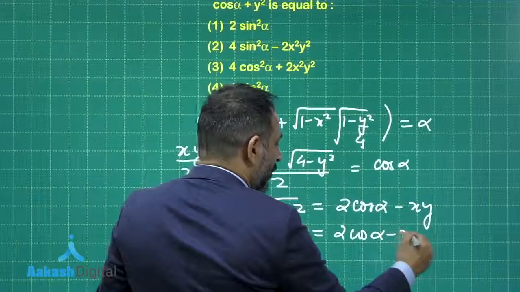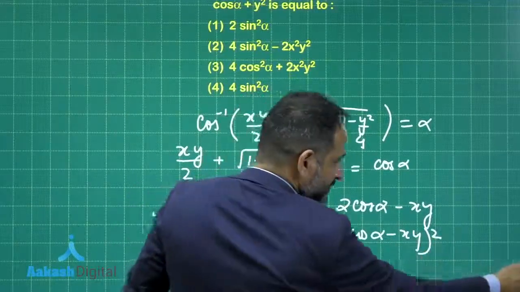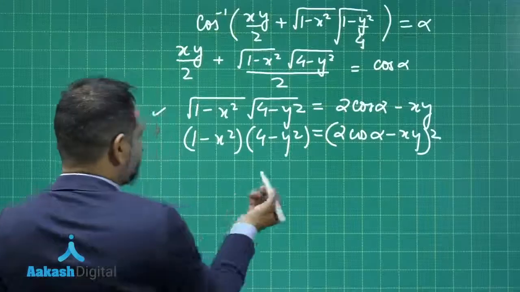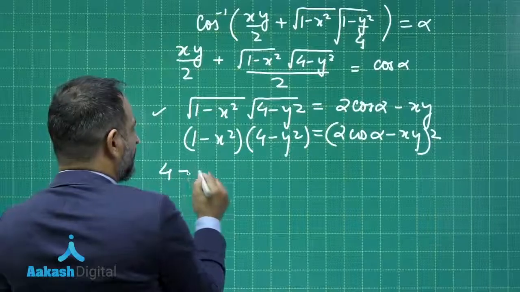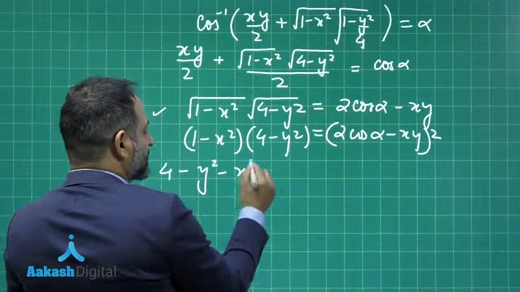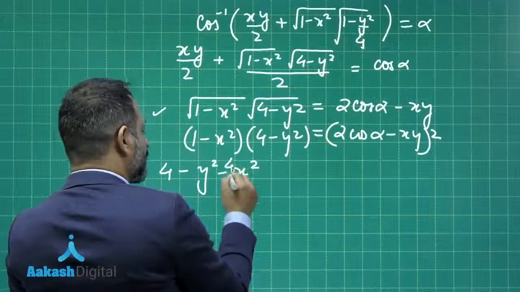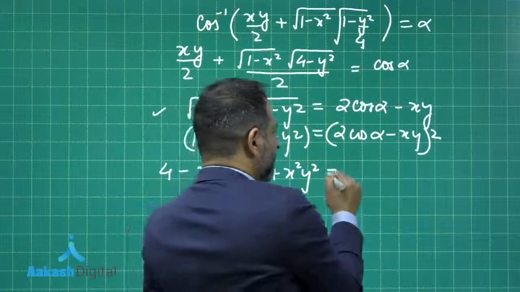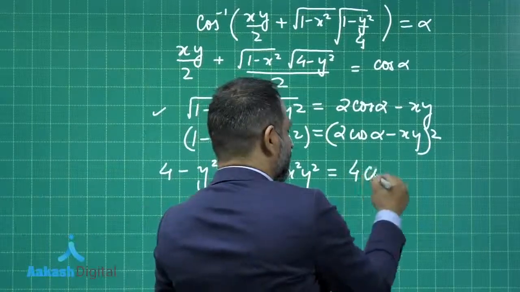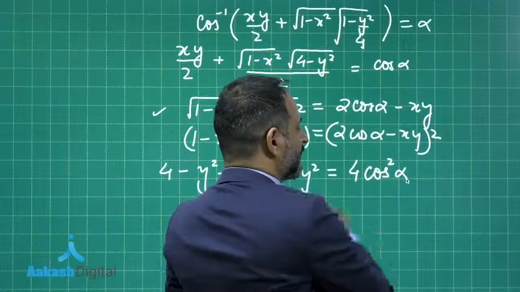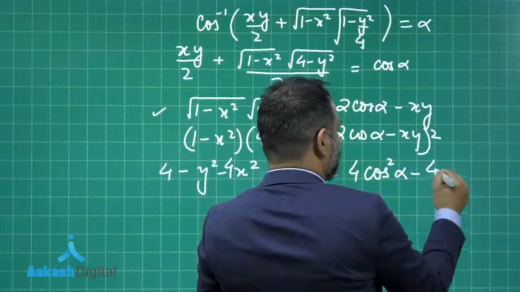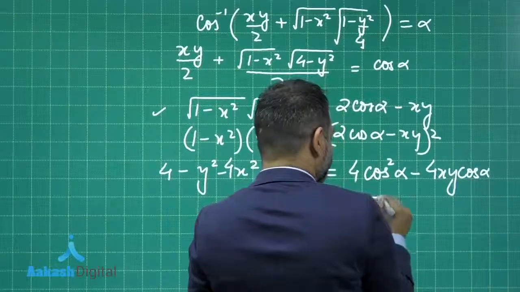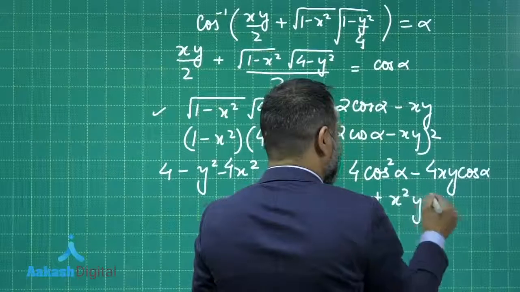It seems to be complicated, but it is actually not. If you square it out here, you can see this is 4 minus y square minus 4x square plus x square y square, and here we will have 4 cos square alpha minus 4xy cos alpha plus x square y square.